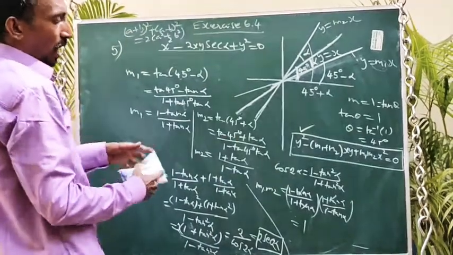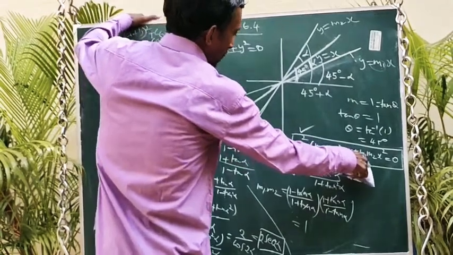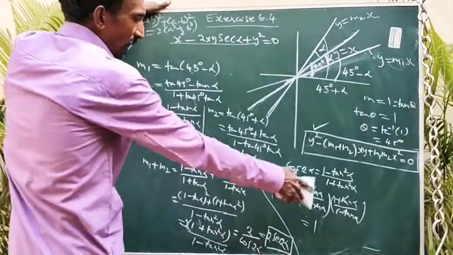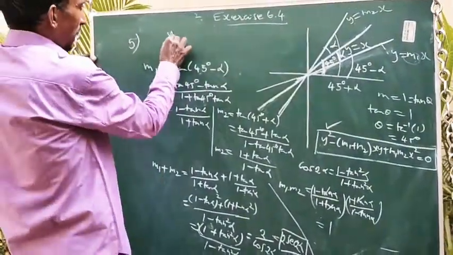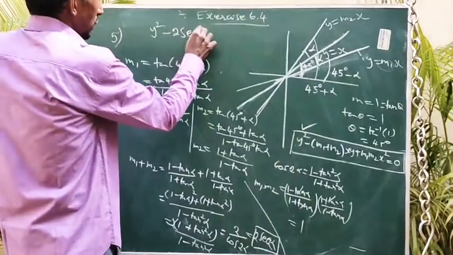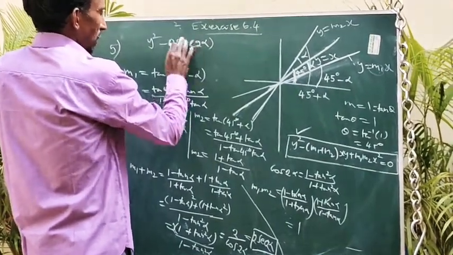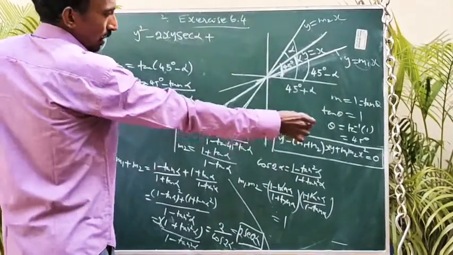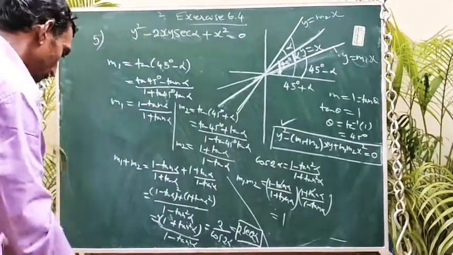Already we have the formula: y square minus sum of the slopes into xy plus product of the slopes into x square equal to 0. So put these values in the above equation, we are getting y square minus 2xy secant 2 alpha plus m1 into m2, which is 1, x square equal to 0. That is to be proved.